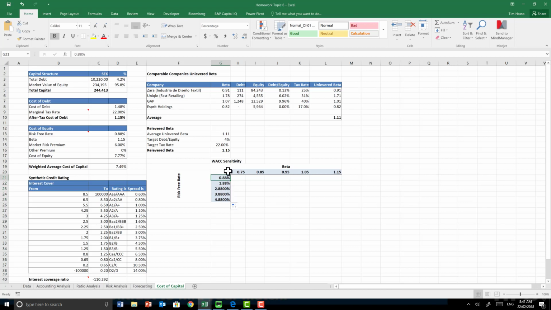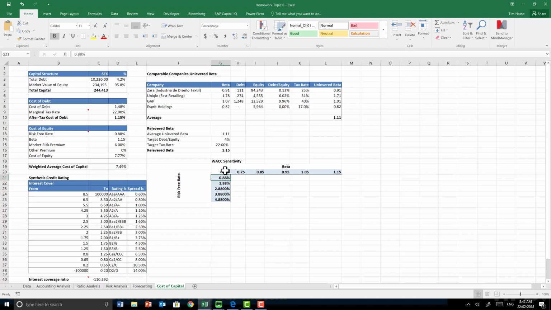So what we need to do now is tell the sensitivity table what it is that we want to test for sensitivity, and we need to put it between these two items here. So we need to put it in cell G20. In cell G20, we're just referencing the weighted average cost of capital. So we're going to reference it to D19, and that creates the structure.